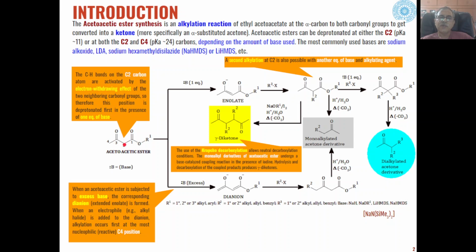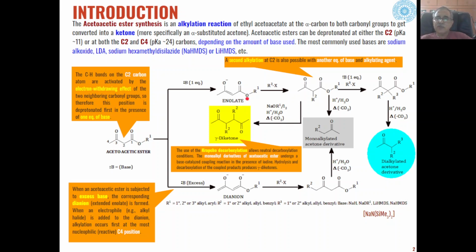Therefore, when this compound is reacted with a base, the protons present at this second carbon are very acidic and can be removed very easily. In the presence of one equivalent of base, with the abstraction of one proton from here, this acetoacetic ester is converted into this type of enolate.